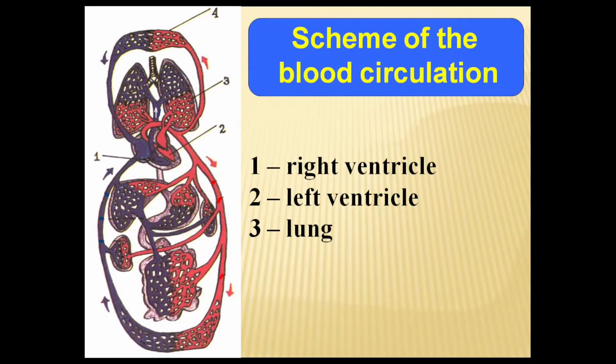Greater circulation, which starts from the left ventricle and controls blood supply to all inner organs and finishes in the right atrium. Lesser circulation, which starts from the right ventricle and goes through the lung and controls gas exchange. It finishes in the left atrium.